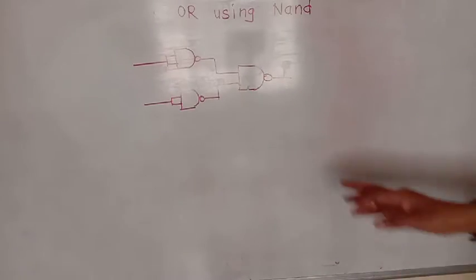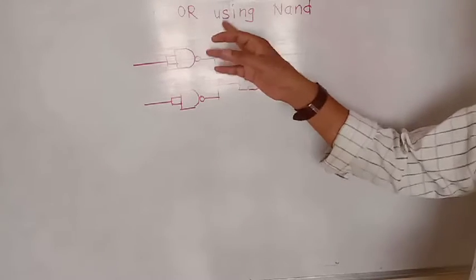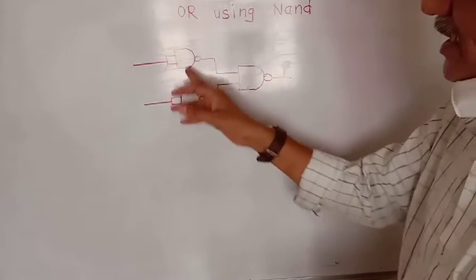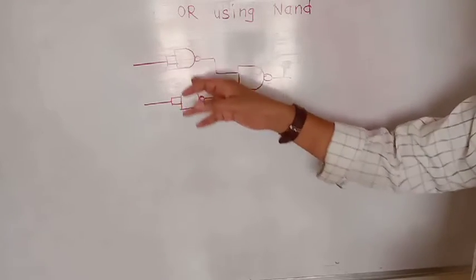So this is the logic diagram of OR using NAND. 3 NAND gates are connected. Here the first 2 NAND gates are used as NOT gates.